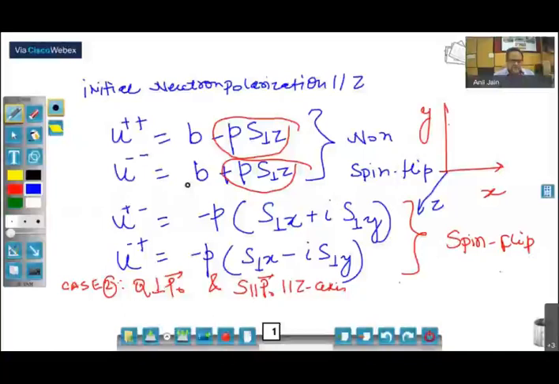This is the advantage when you want to use polarized neutrons to investigate your material. By using this proper combination, one can separate the spin flip and non-spin flip processes, and one can separate nuclear and magnetic scattering. So I believe you understand this part number 2.